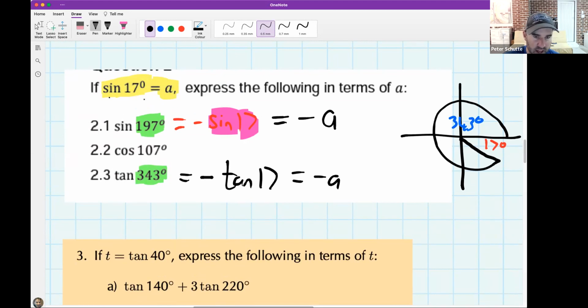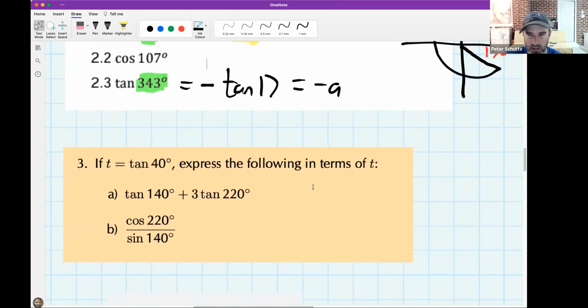So essentially what I'm saying in this question, this is the reduction formula, minus sine 17. This part over here, the sine 17 is a. So basically, I'm just switching sine 17 for a because they are the same thing. And then there was a minus sign in front, which means it became minus a. So I hope that helps a little bit.